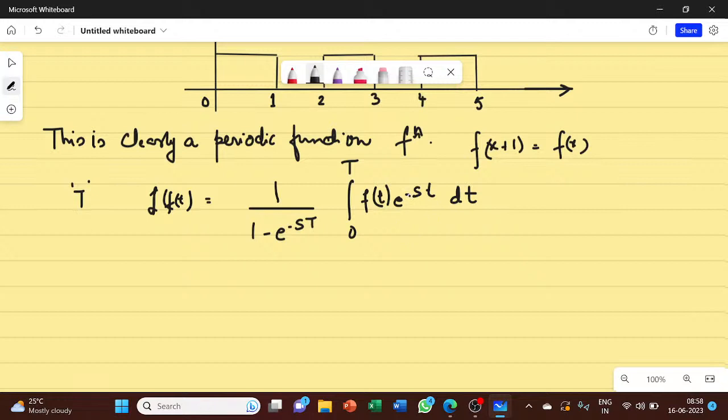Try to use this formula and then try to do it, and then I'll do it for you. Okay, so I'll do it for you, don't worry.